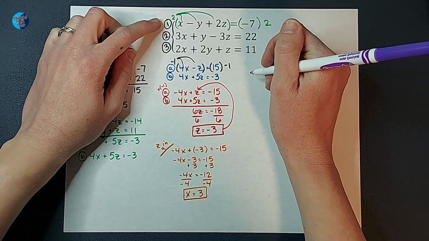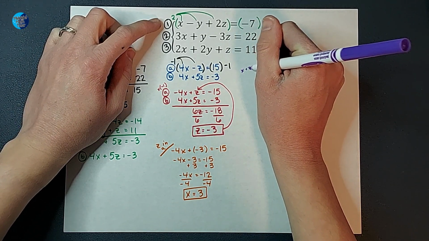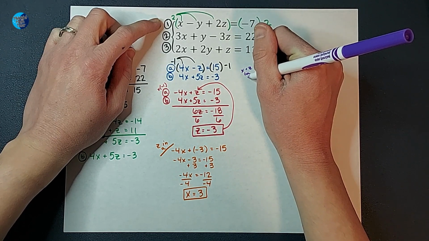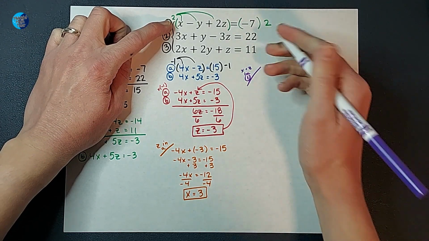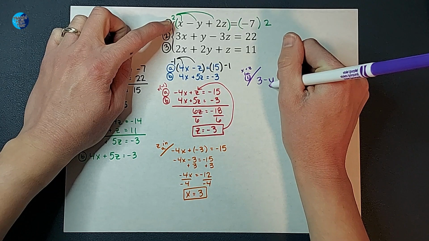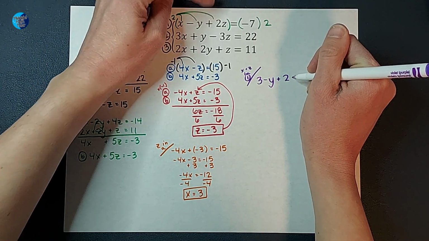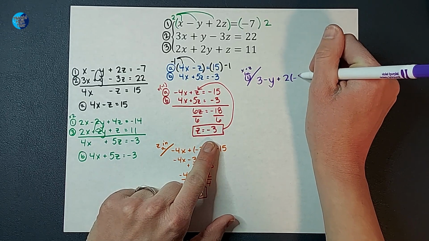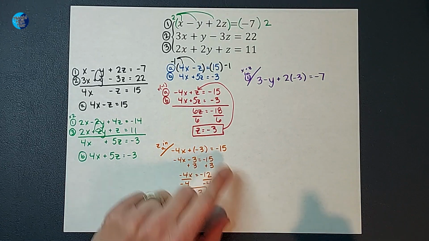Sorry. I'm going to plug it into number 1. So we are plugging x and z into 1. All right, so x, we figured out is 3, minus y, we don't know that yet, plus 2 times z, which we figured out is -3. This is equal to -7.